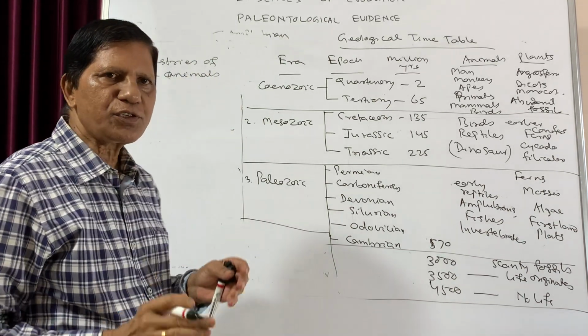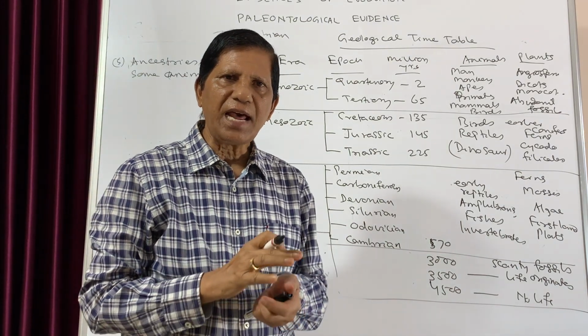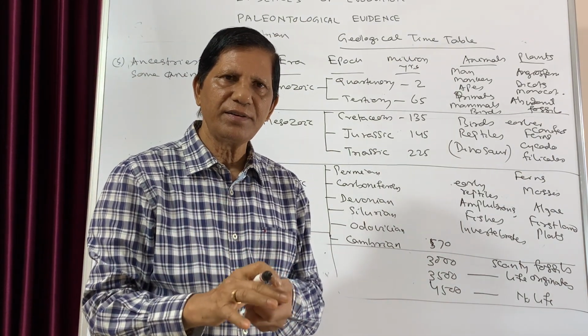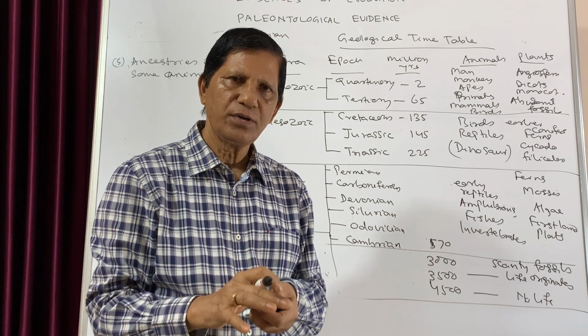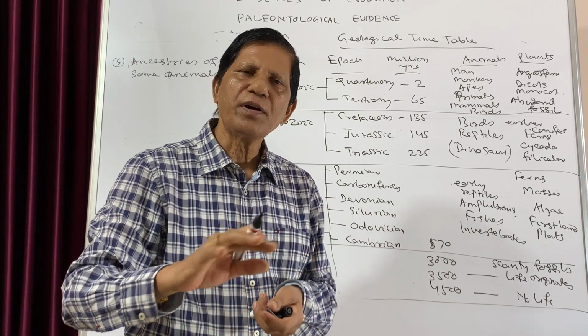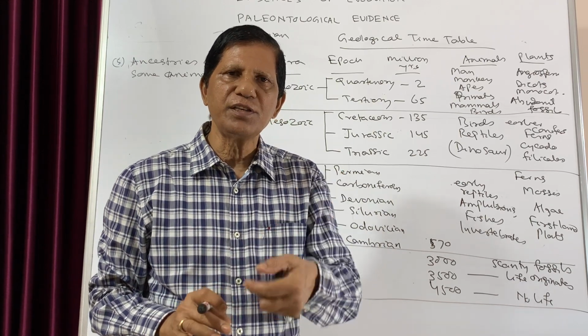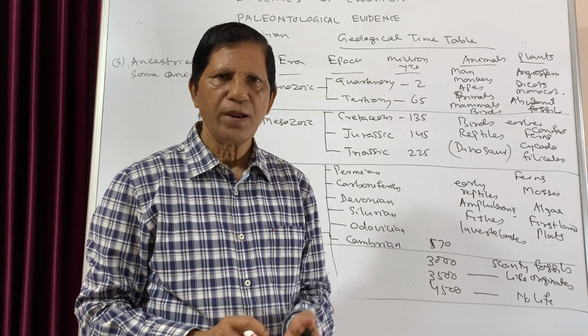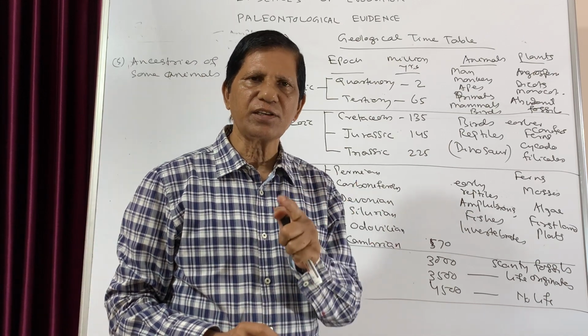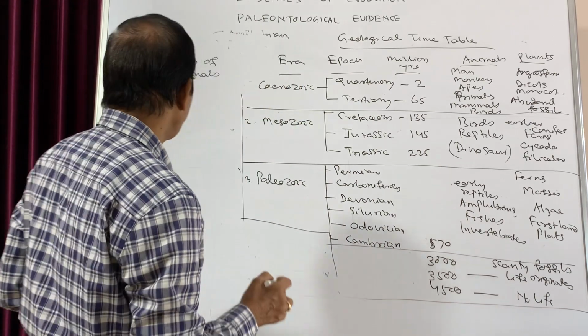Now human beings have studied the ancestry of elephant, camel, horse through different fossils, how the evolution of these different organisms has taken place. Here we will specifically discuss that of only the horse.